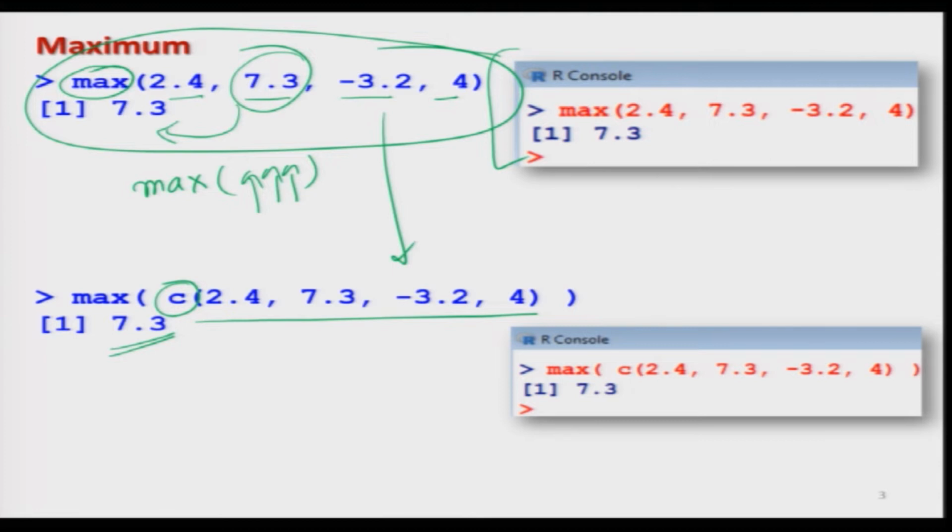But that is the place where I would like to make you cautious. In this maximum command, if you give these values with or without the C command, both work. But that may not really be true with many other functions.